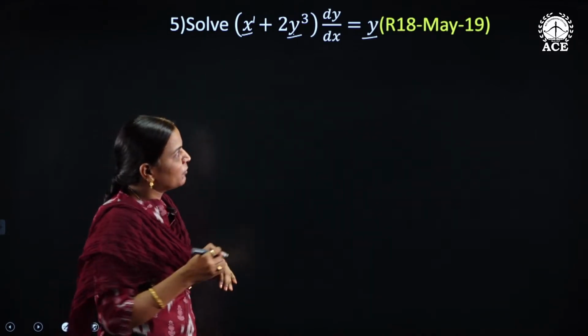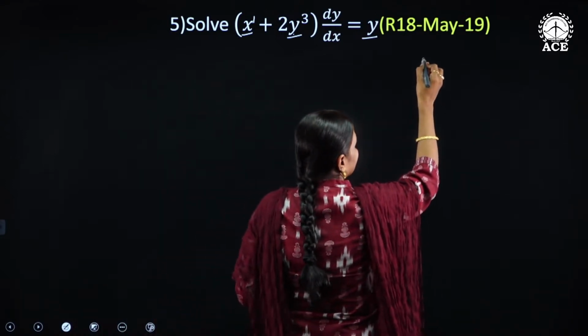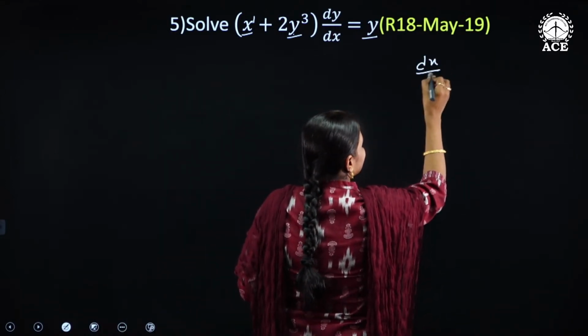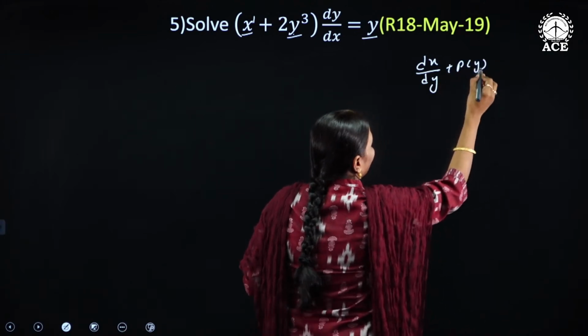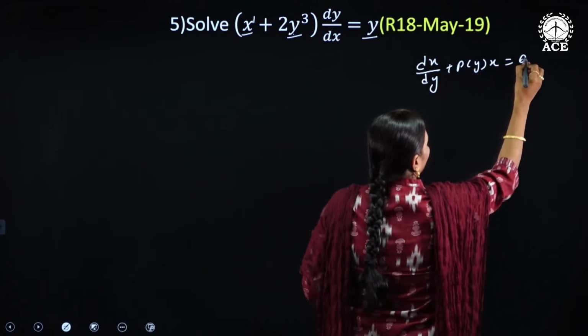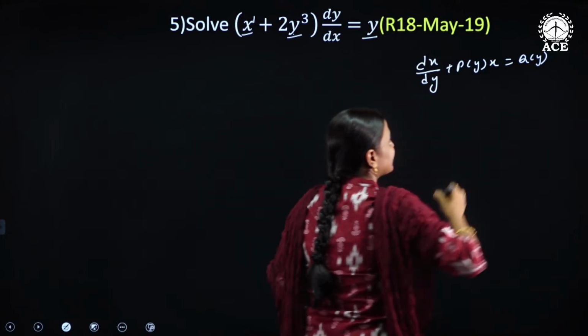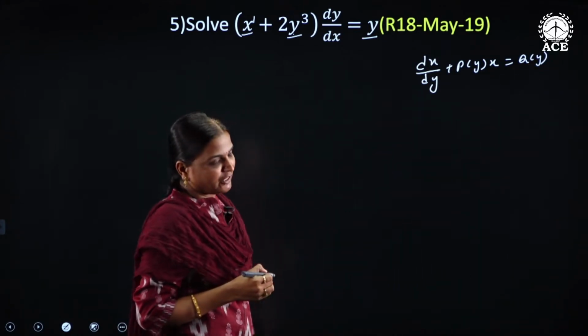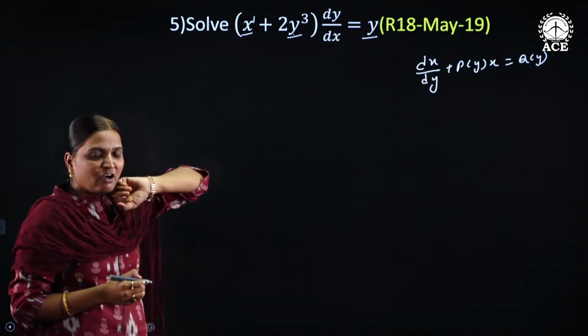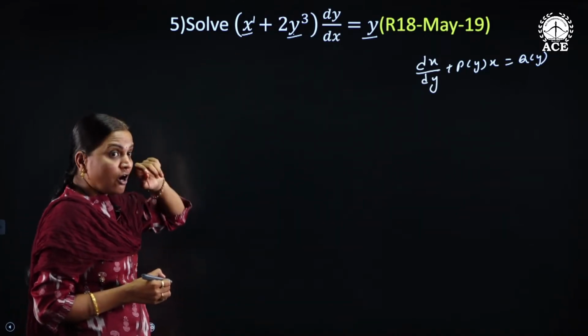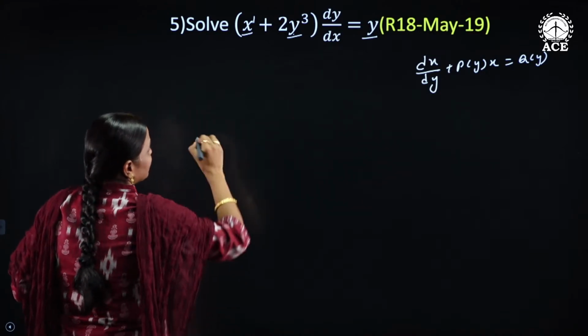But what is the standard form of a linear differential equation in x? That is dx by dy plus p of y into x is equal to q of y. This is the standard form of a linear differential equation in x, but the given differential equation is not in the standard form. So how to reduce this differential equation into standard form?